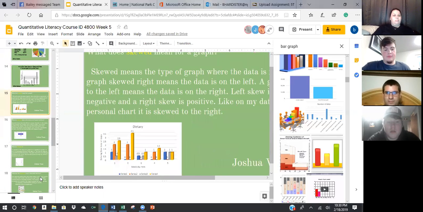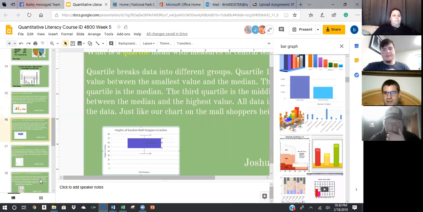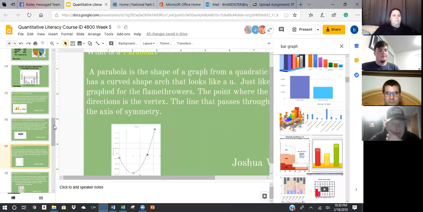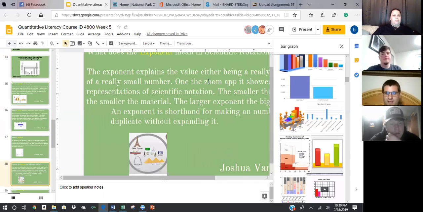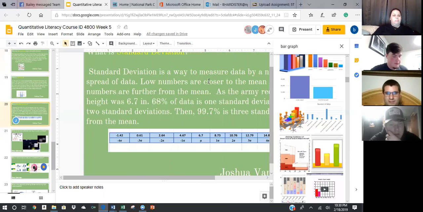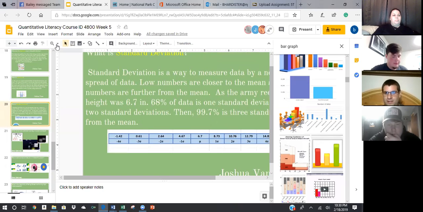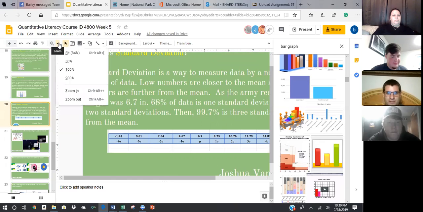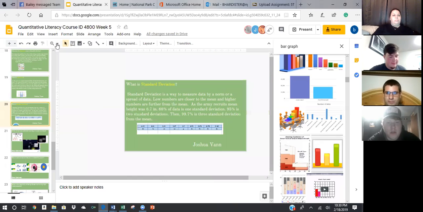Low numbers are closer to the mean and higher numbers are further from the mean. As the Army recruits' mean height was 6 feet 7 inches, 68% of the data is within one standard deviation. 95% is two standard deviations, then 99.7% is three standard deviations from the mean.